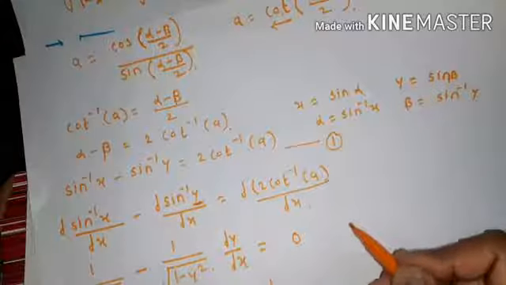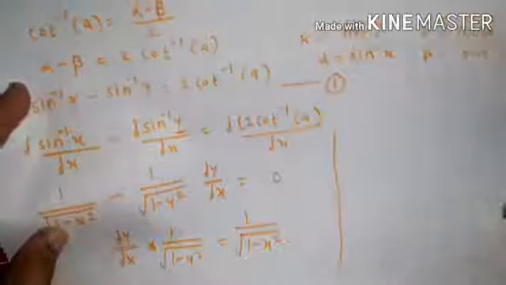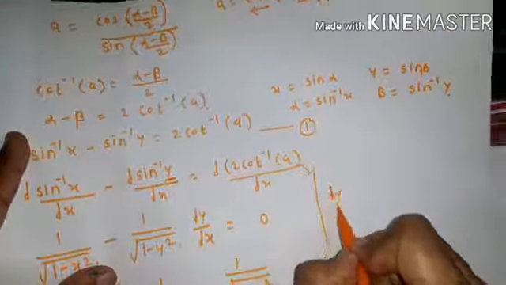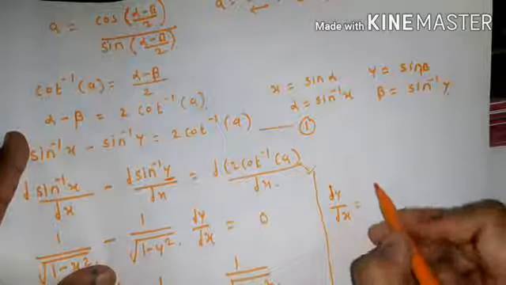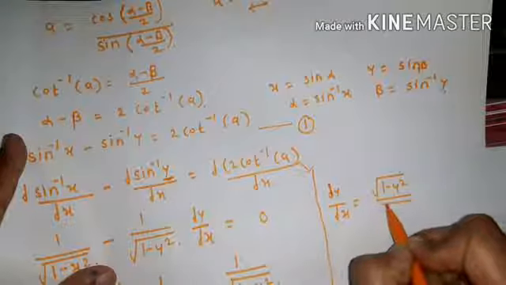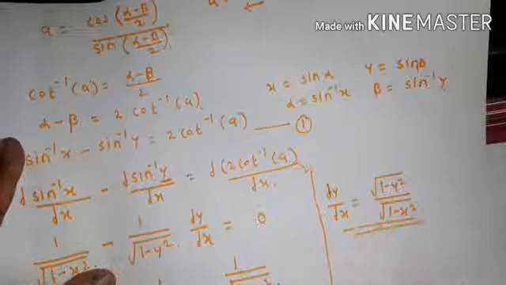This implies dy by dx equal to square root of 1 minus y square upon square root of 1 minus x square. Hence the proof. Okay students, in this way we have completed the proof like this.